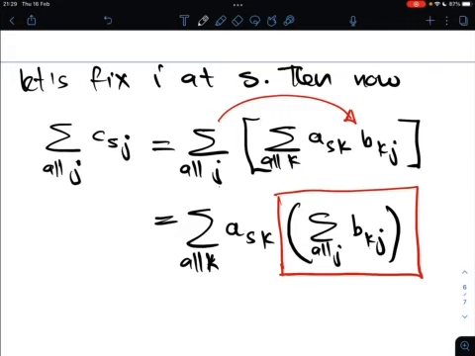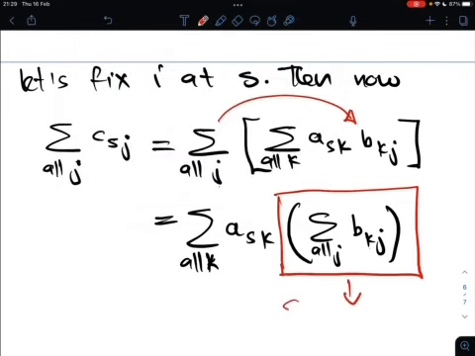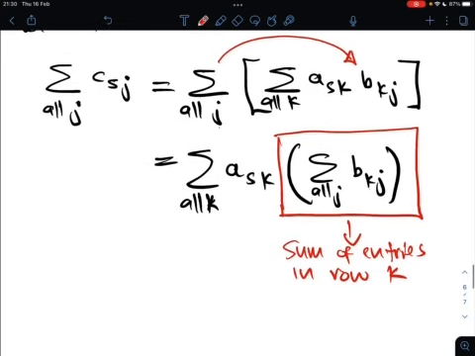So that's what is happening here. So this is the sum. Let me just add this comment. What we have here is the sum of entries in row k. That's what this thing in red is. It represents the sum of all entries in row k.